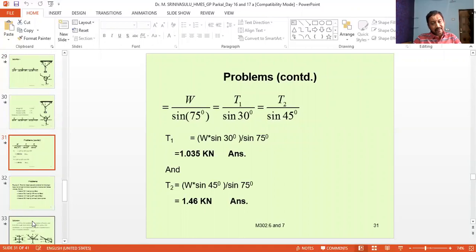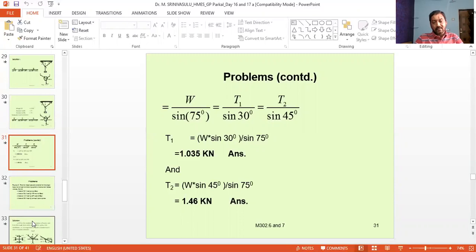We also know that W is equal to 2 kilonewtons, so 2.0 into sin 30 by sin 75. By substituting the values, T1 will become 1.035 kilonewtons.